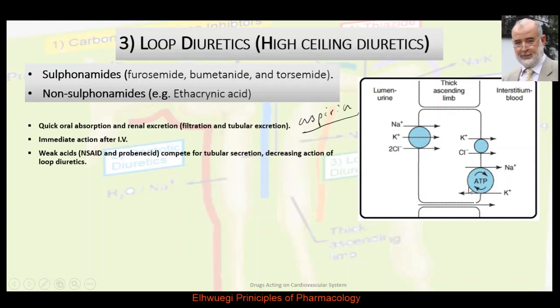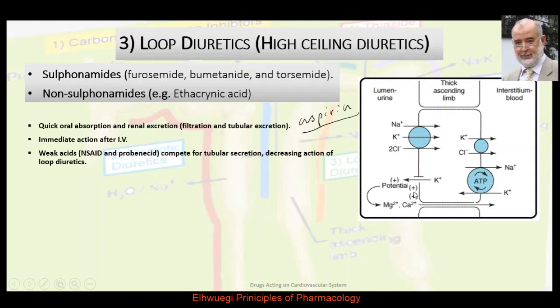Now, potassium, which is secreted, will leak into the urinary filtrate. Please concentrate on this, this is very interesting. Potassium will leak into the urinary filtrate, and as potassium is positively charged, it will create a positivity on the luminal side of the membrane.